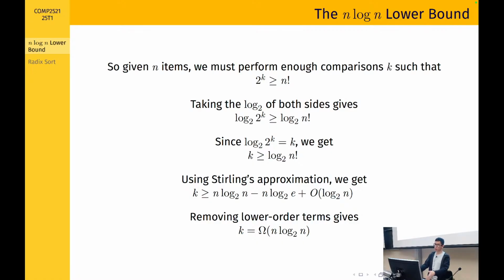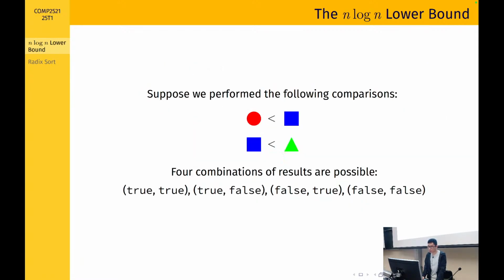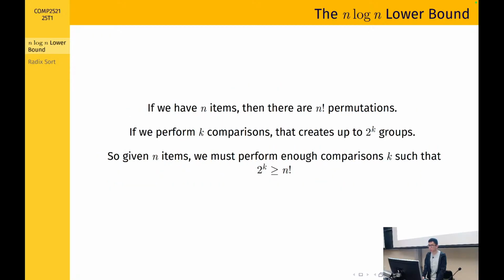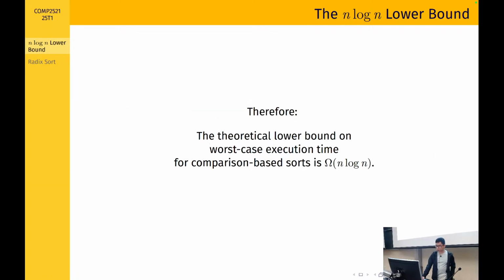You don't have to worry about coming up with this derivation, but you should understand that for comparison-based sorting algorithms, the lower bound on the number of comparisons you have to do is n log n. So that means the theoretical lower bound on the worst case time complexity for comparison-based sorting algorithms is big omega of n log n.